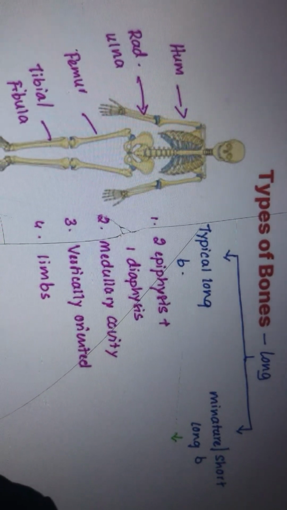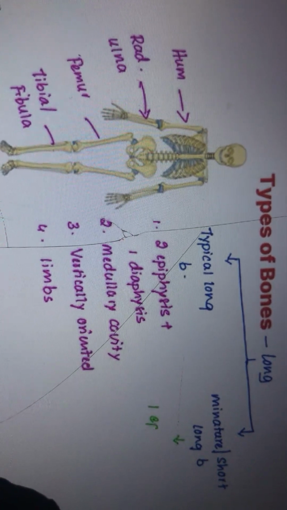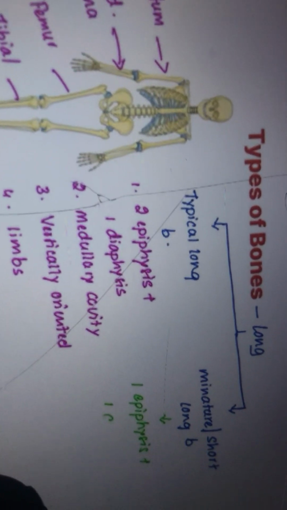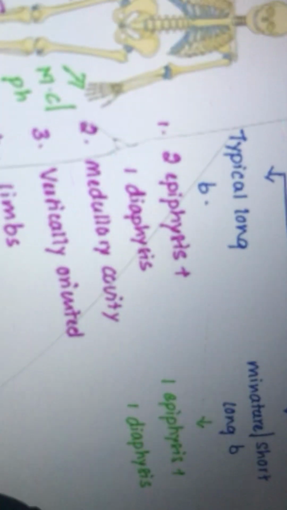These are characterized by the presence of one epiphysis, a single epiphysis plus a single diaphysis. So that is the typical feature of a miniature or short long bone. Where do we find such bones? Remember, these are found as metacarpals or phalanges in the hand, or metatarsals or phalanges in the foot.